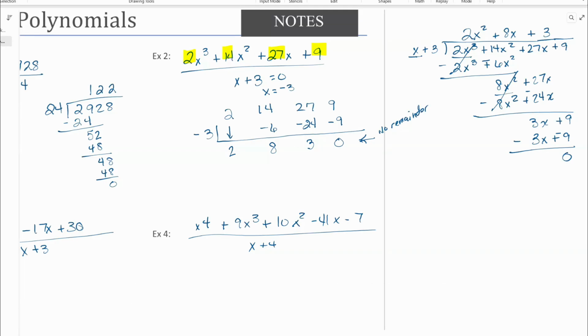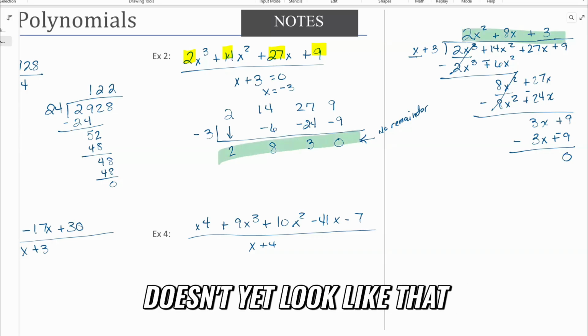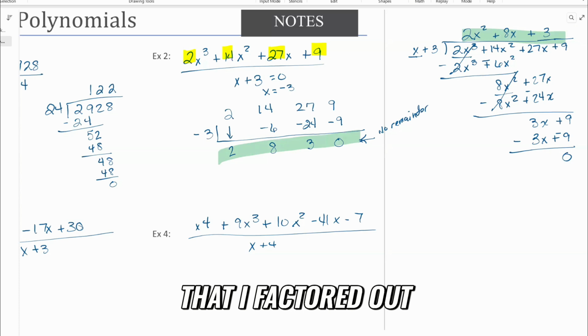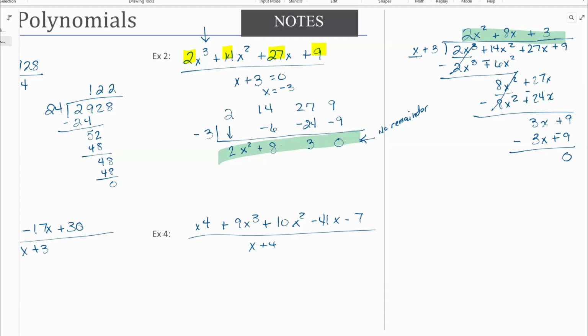This doesn't yet look like that, but I do know that I factored it out in x. We started with x to the third, so this is now going to be x squared, x, and then x to the 0.